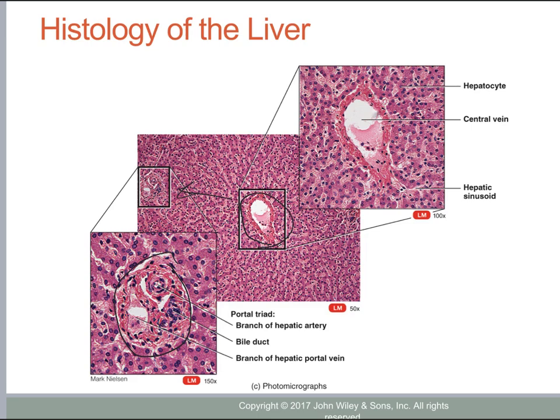Two, you can identify the central vein, and three, the triad. So three things: liver lobule with hepatocytes, our central vein, and our triad.